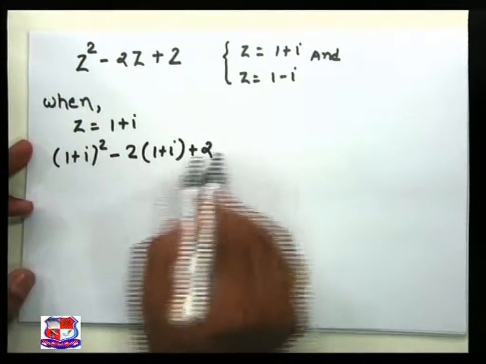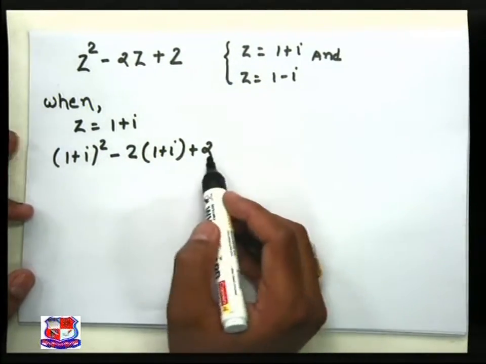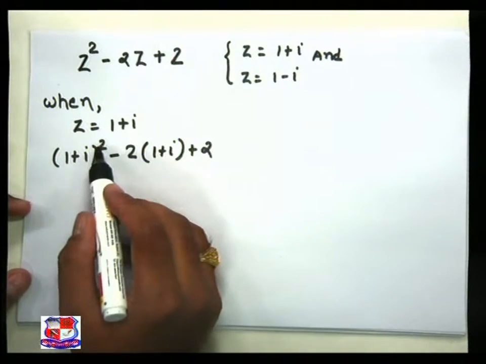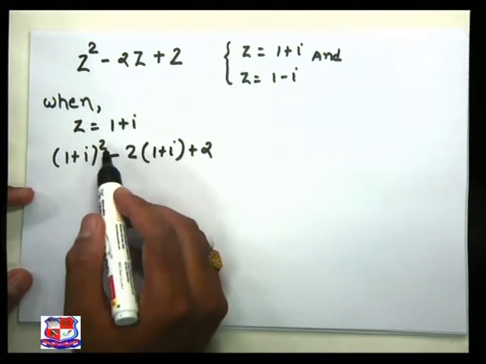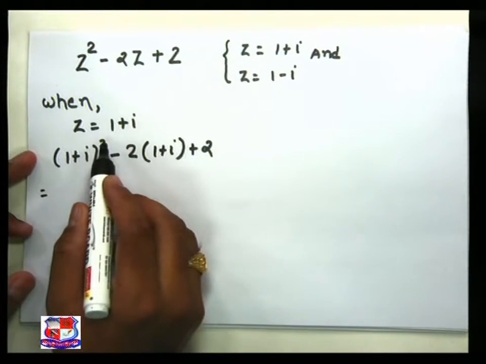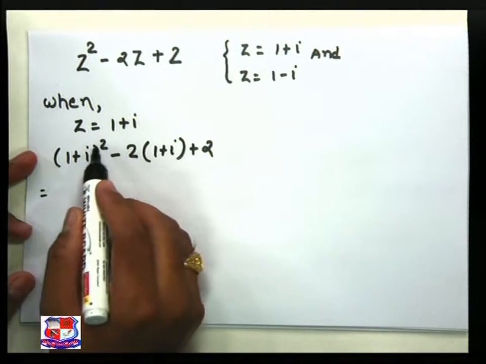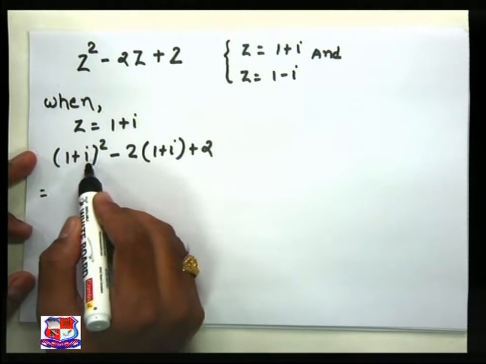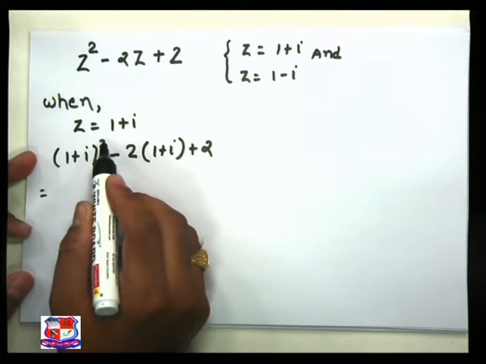Now we want to simplify this equation. (1 plus i) square is (a plus b) square, so the simplification is first term square plus 2 into first term into second term plus second term square.